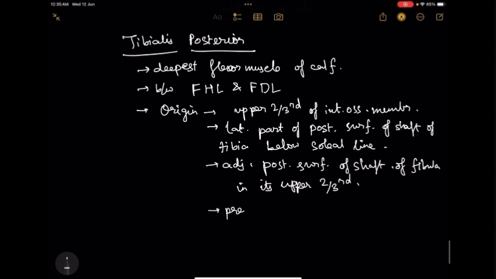Origin presents a gap for anterior tibial vessels.